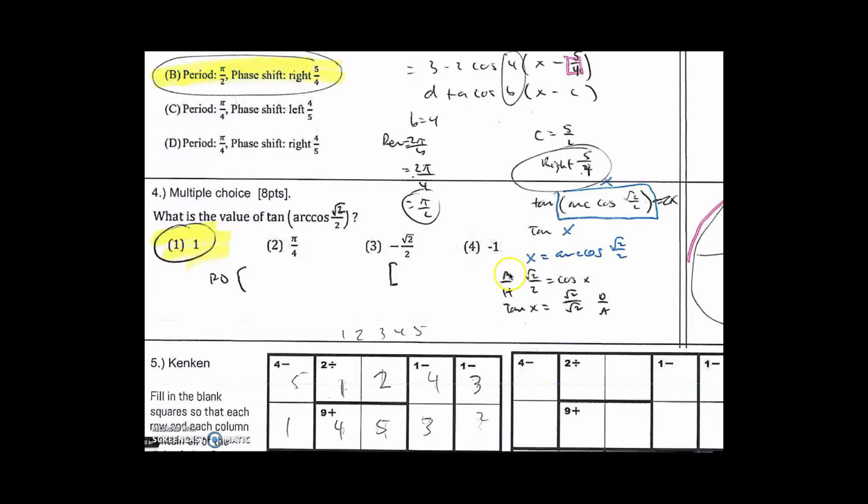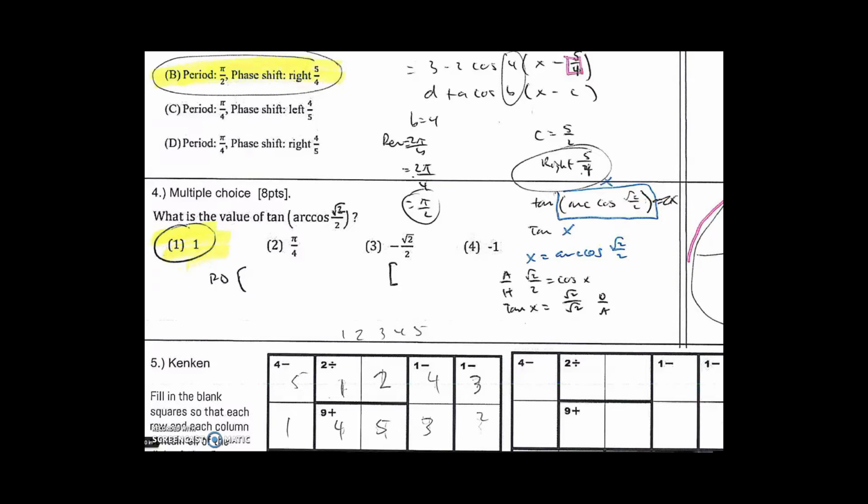Cosine is the adjacent over the hypotenuse, and since cosine here is positive, I'll just work in quadrant 1. The adjacent side is radical 2, and you can either use the Pythagorean theorem or recognize this is a 45, 45, 90. So therefore, your legs are radical 2 and radical 2. And that's all I need because we're looking for tangent, which is opposite over adjacent, and that would give us a positive 1.